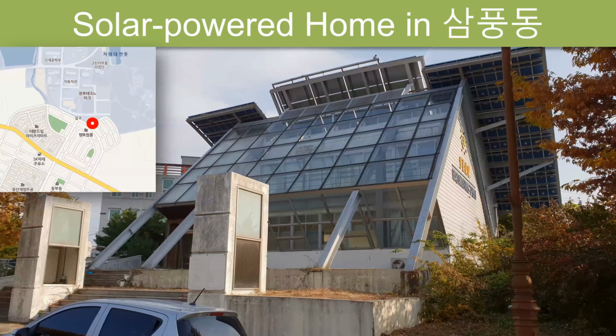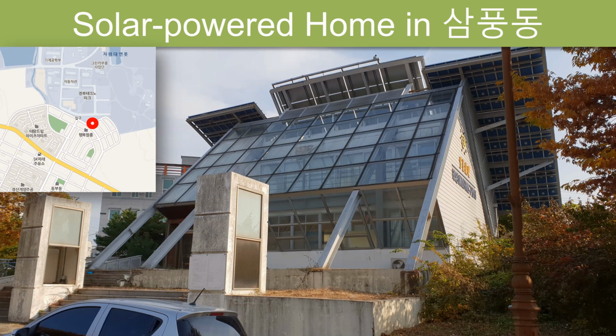You will see a paragraph. That paragraph will be about this building in Sampundong. And behind the building, you'll see this gray building. You probably see it on the map as well. The law students, that is their dormitory.